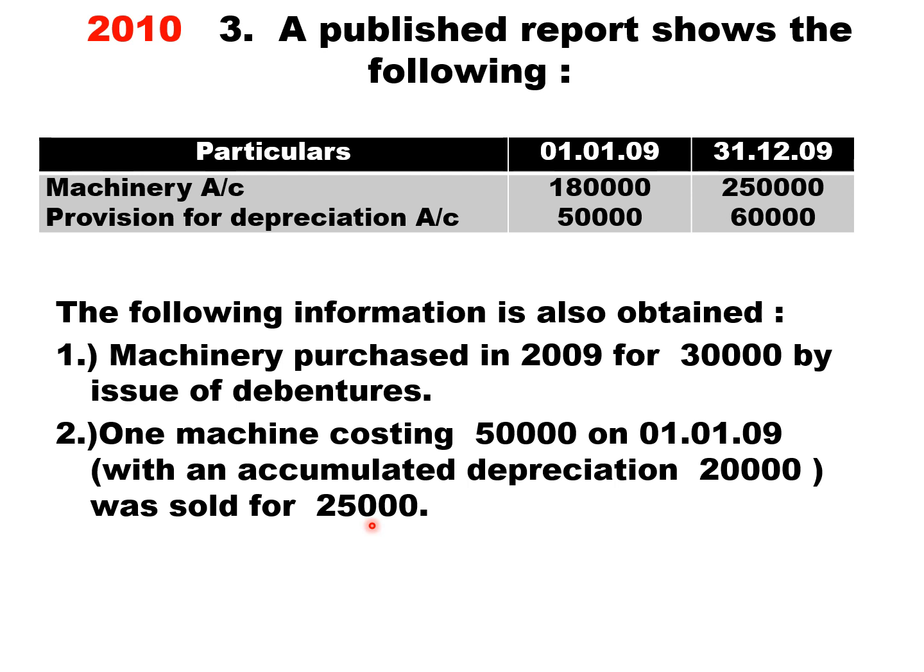I repeat, 50,000 minus depreciation 20,000, you get WDV 30,000. The 30,000 plant is sold for 25,000, you get a loss of 5,000. So 3 values, students: sale value 25,000, depreciation 20,000, loss of 5,000.